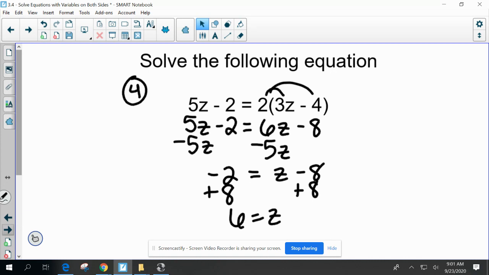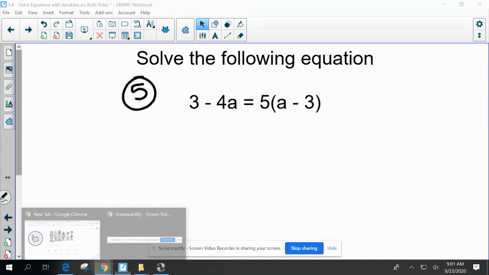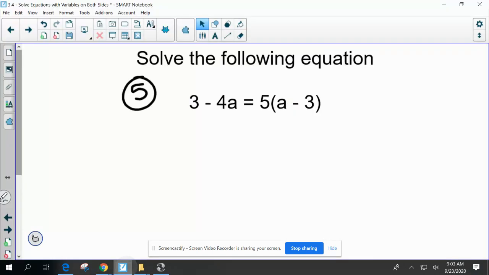Okay, I want you guys to try number 5. Okay, so for number 5, I distribute. What did you get when you did distributive property? 5a minus 15. So then I would choose to add 4a.